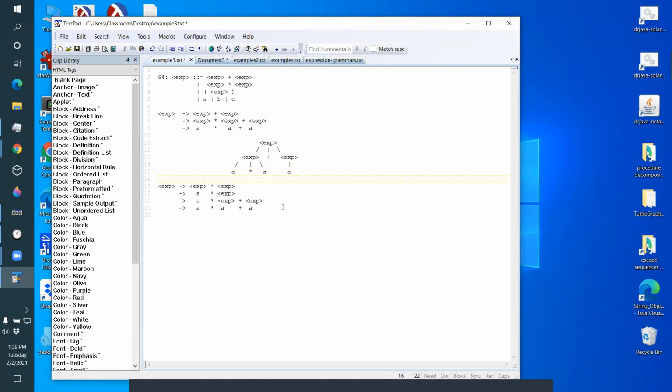Okay. What about this one? Let's look at its tree. Same expression. We end up with the same expression, but the EXP, the thing we start with, expands to 3 things: a left, a center, and a right. In this case, the left is just the A. The center is the product.